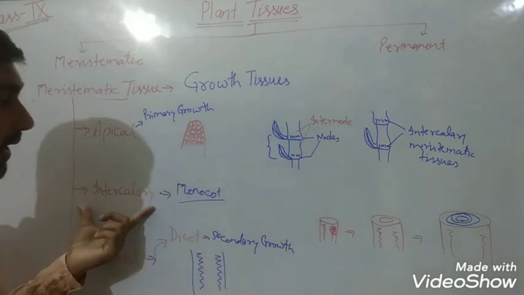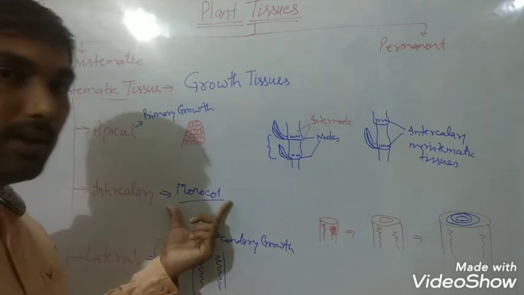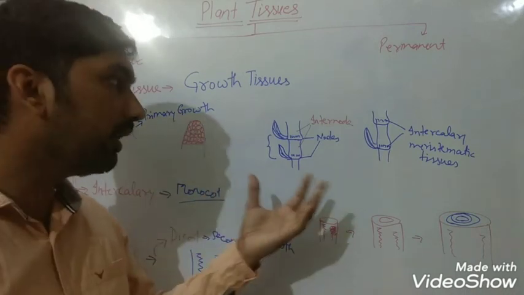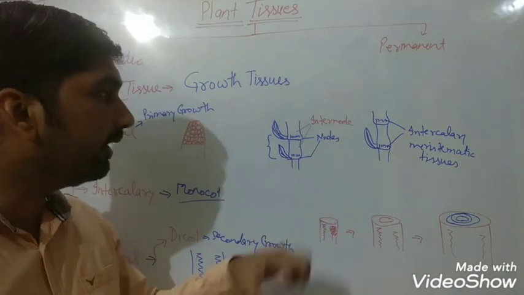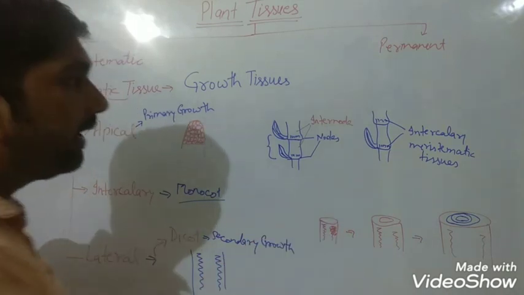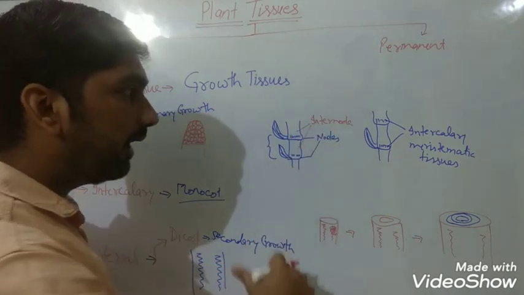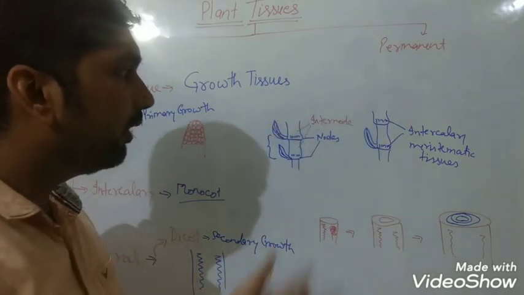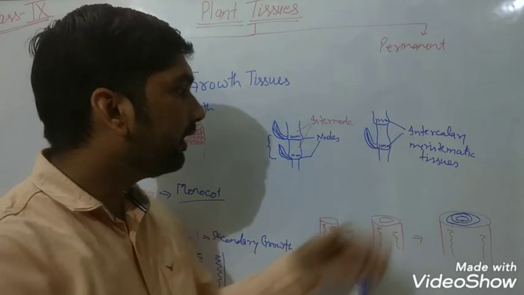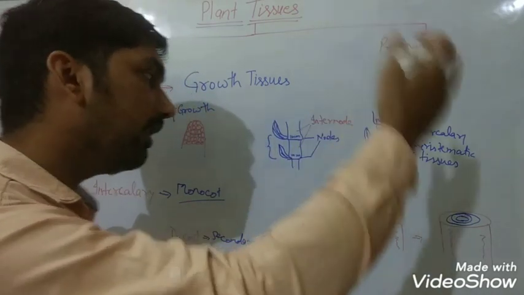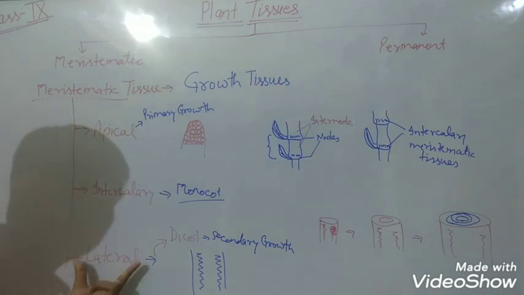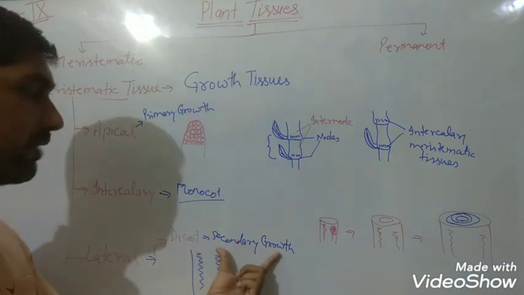Intercalary meristem is present in monocot plants, or when we talk about the grass family plants, like rice or bamboo, and where are these present? At the base of the nodes, and it is responsible for the growth of internodes, because when these cells divide, growth takes place in length. And finally, the lateral meristematic tissue, which is responsible for secondary growth.